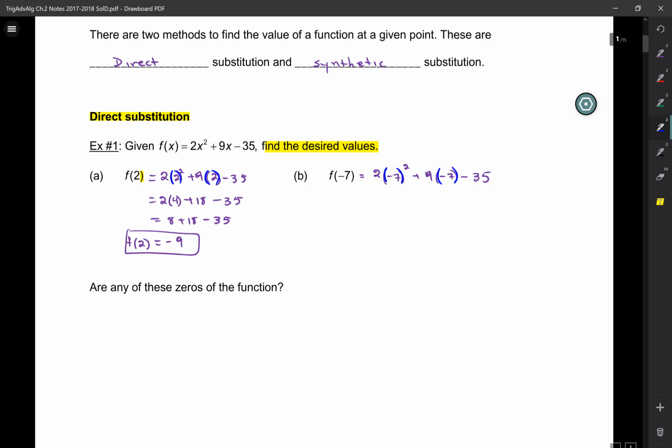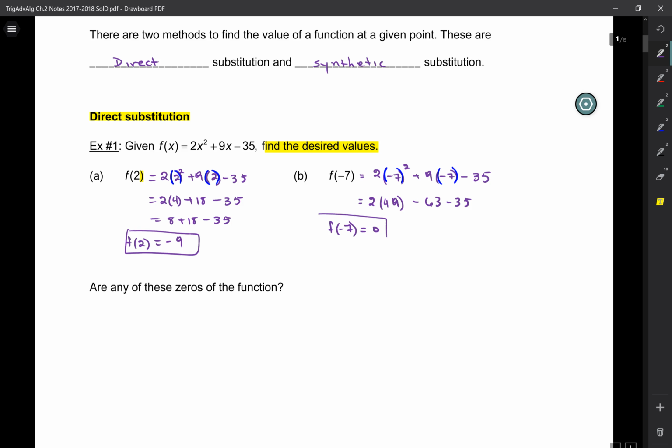Technically it's a habit that's now become an instinct. It's a good habit to have, because once you've got those negatives and you're multiplying and you're squaring and you're raising it to the power of 3, you've got to put in the parentheses, otherwise you're going to get the wrong sign, right? So this is going to be 2 times positive 49 minus 63 minus 35. So what do you guys think? 0.